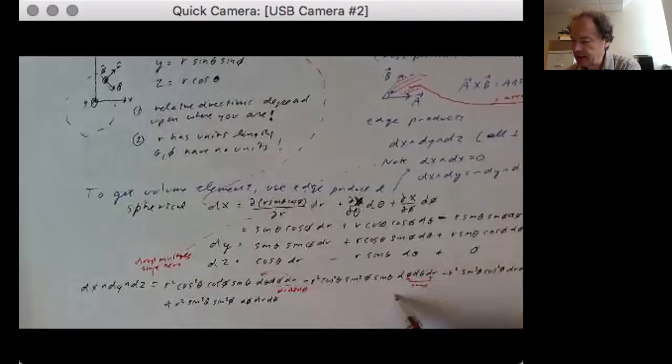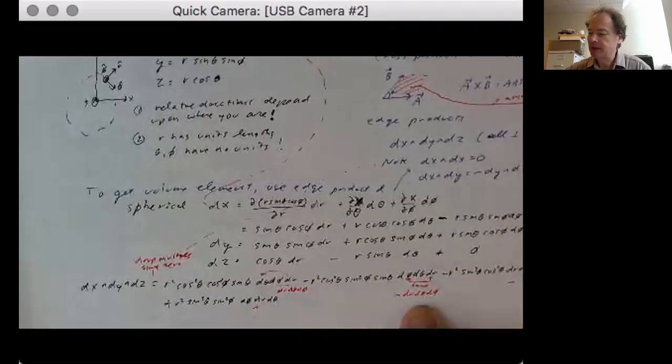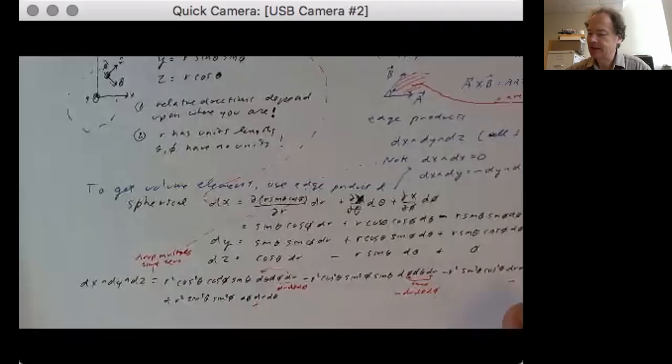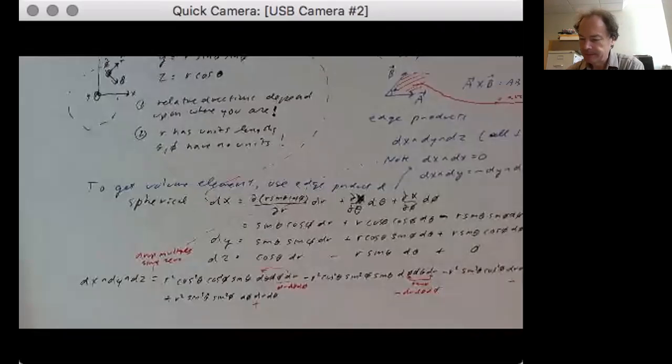So this is minus dr d theta d phi. This is also minus, and this one is a plus. So when I combine those, if I'm going to write dr d theta d phi after all of them, I have to put this into a plus, I have to put this into a plus. So they're all actually added together.